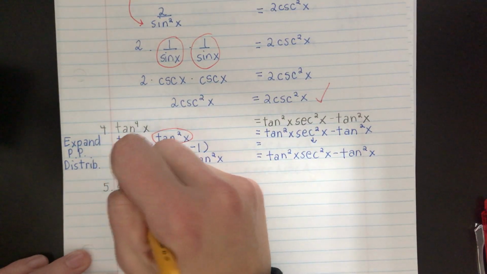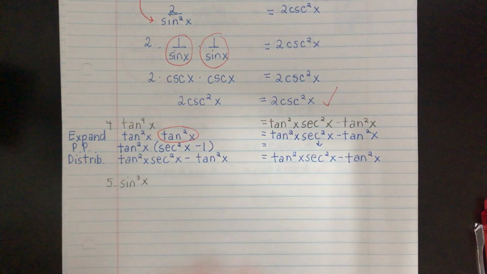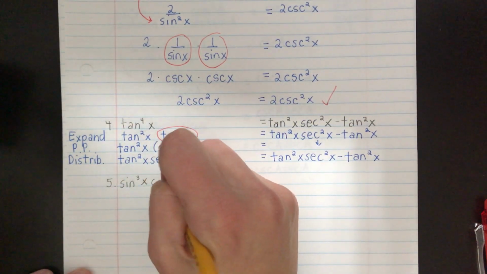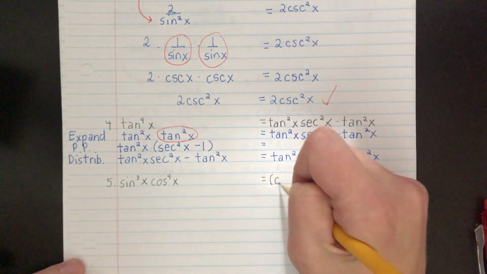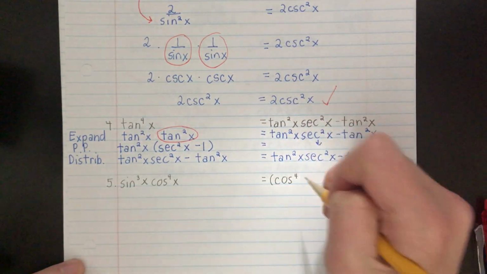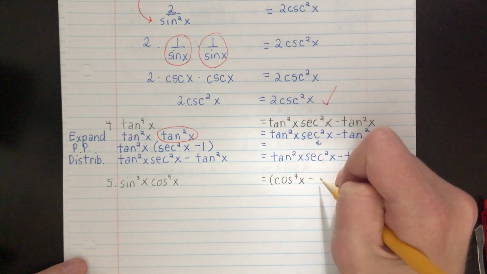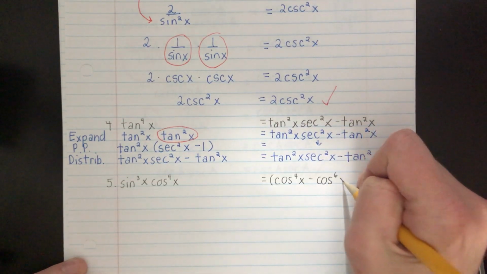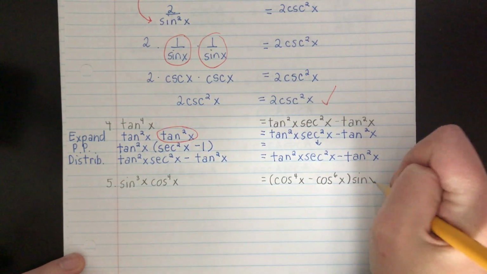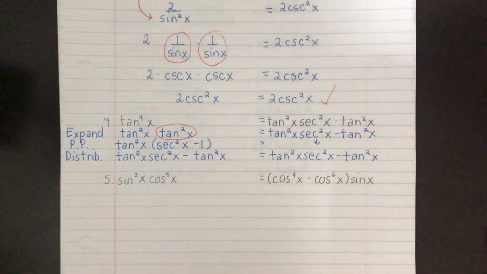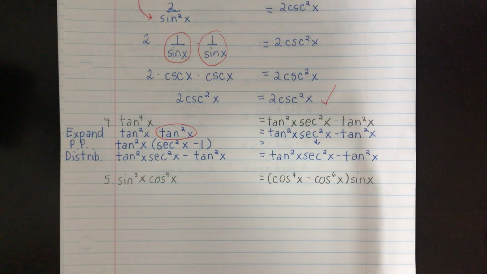So sine cubed of x cosine to the fourth of x equals cosine to the fourth of x minus cosine to the sixth of x, that quantity times sine of x. So you know a couple of things.